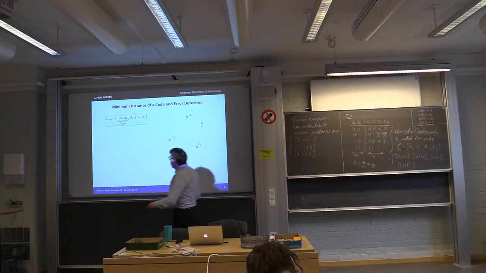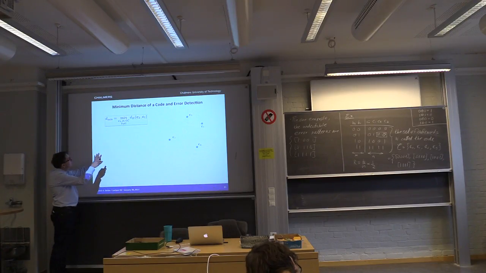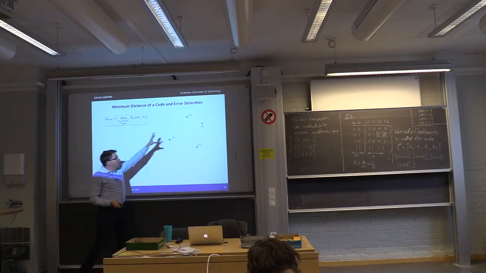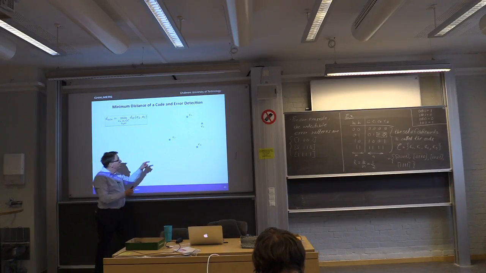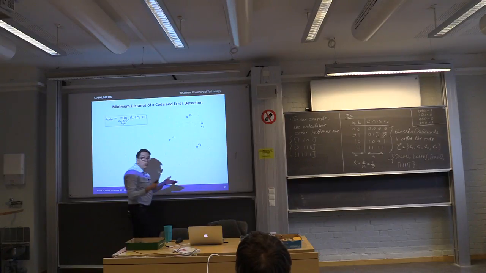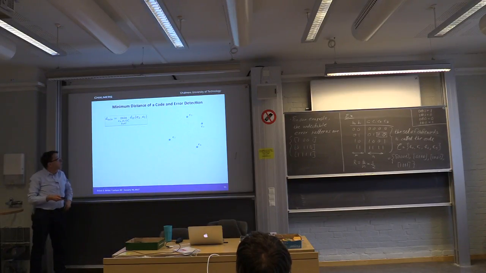Mathematically, it means that the minimum distance is the minimum of the Hamming distance between the kth and lth vector, as long as k is not equal to l, and these are members of the code. Here we have 4 vectors. We haven't specified their dimension. They could be 128-bit long vectors, but there are only 4 of them. So what we want to do is measure the Hamming distance between all of them until we find the smallest one, and that we call the minimum distance.